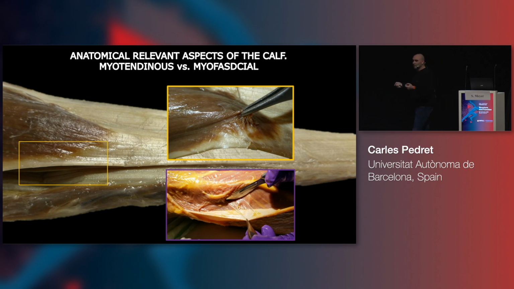That's why we have more problems with myoaponeurotic injury rather than myofascial injury, even though myofascial injury bleeds much more and generates much more hematomas than, for example, myotendinous junction injuries. Okay? So we are located exactly at that point.